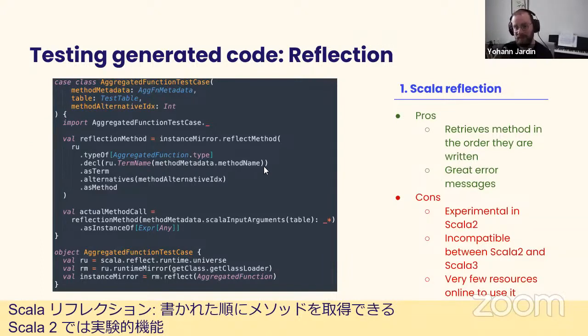However, when we decided to migrate our library and to cross-compile it between Scala 2 and Scala 3, we had to look at the migration guide of Scala. And they said, well, you have two choices, basically. The first one is you completely migrate your code to Scala 3, which is not an option for us. And unfortunately, there is only one fallback, which is to use Java reflection.